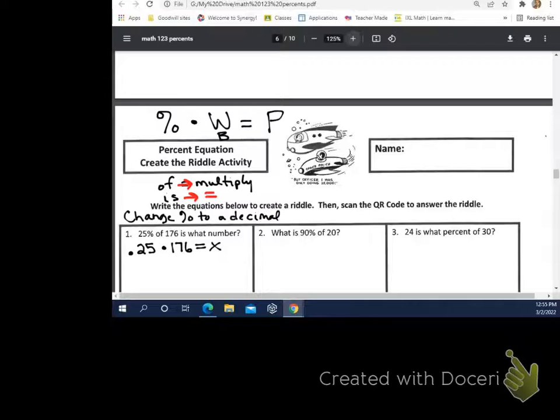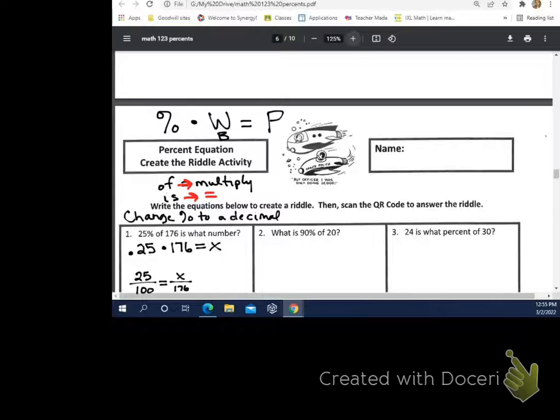Same problem if I do a proportion. 25 over 100 equals something over 176. In the proportion, we don't need to move the decimal because during the work on the proportion, we will divide by 100, right?